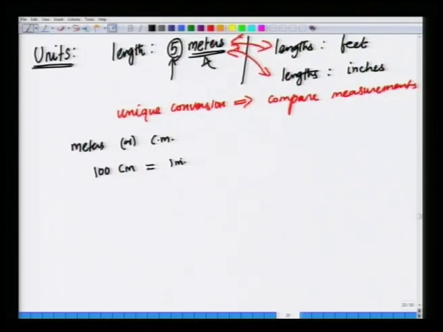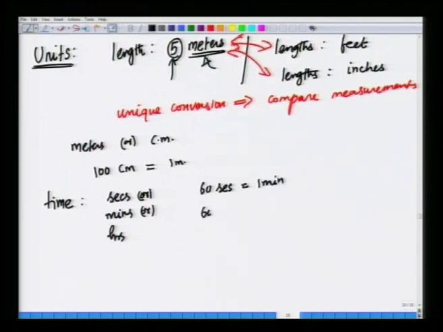Time can be measured in seconds, minutes or hours, with the unique conversion rule that 60 seconds is 1 minute, 60 minutes is 1 hour and so on. Therefore, 3600 seconds is 1 hour.